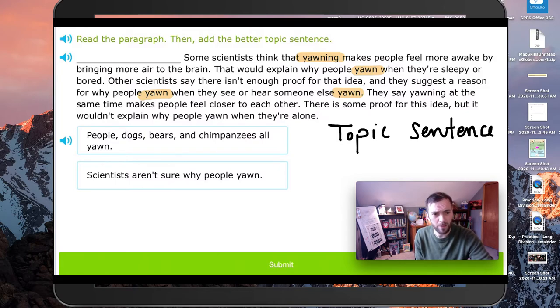But can I be a little more specific than that? Is there more that I want to say about this? So they're all about yawning, but what else makes these sentences similar? Well, something else I notice is that they're talking about scientists with different ideas.